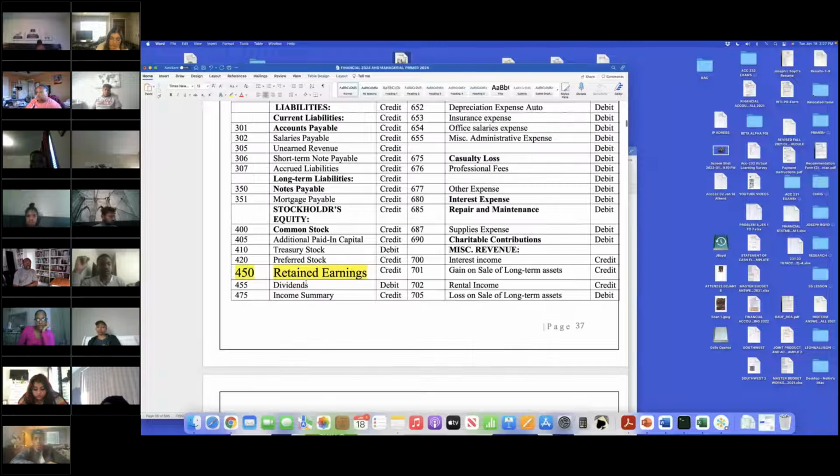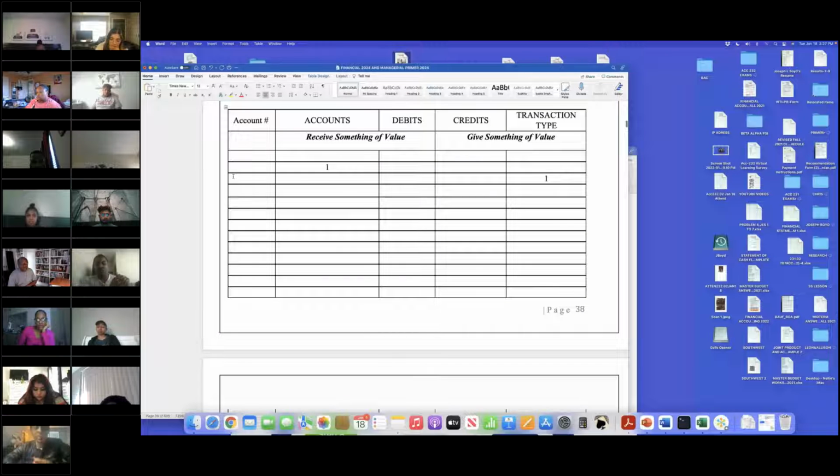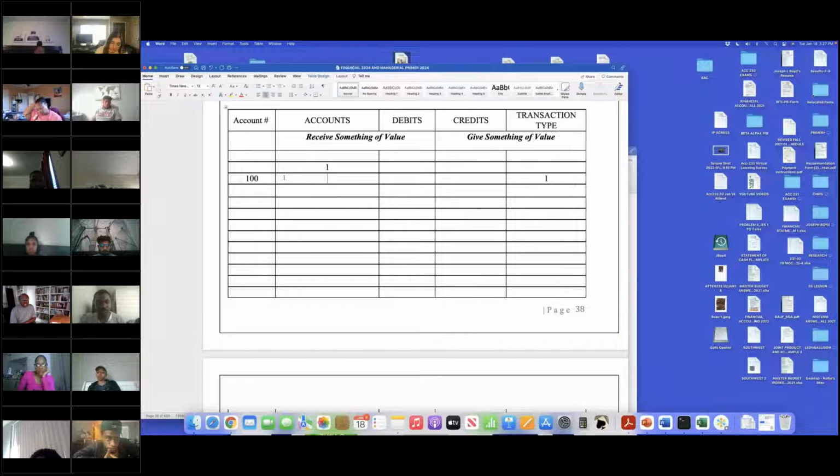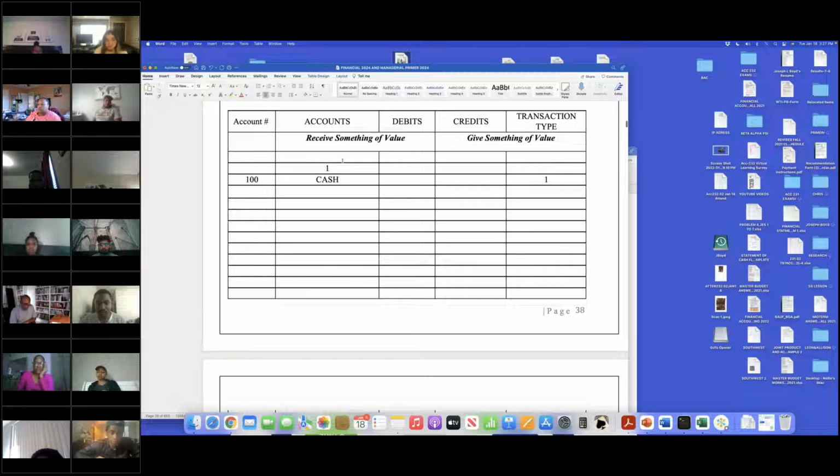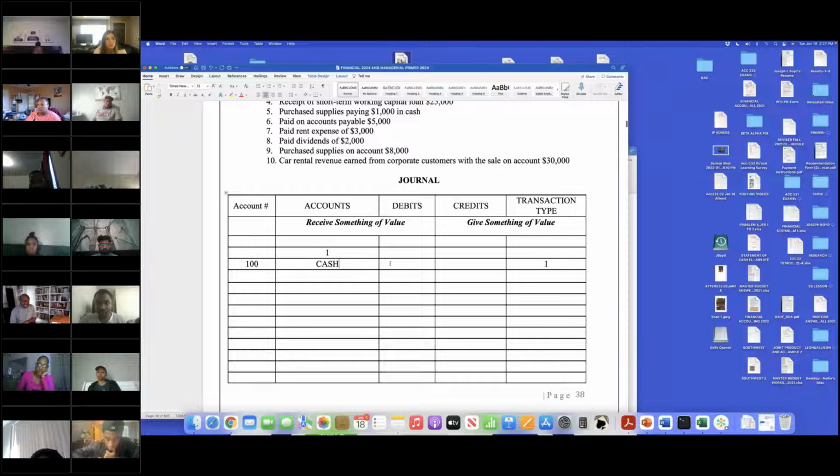So we're going to go in here. The account number is 100, and we're debiting cash. And our amount was what? 10,000. So we got to have an equal credit now, 10,000.